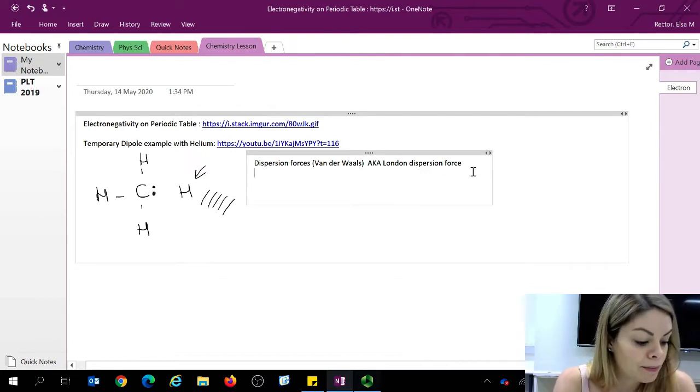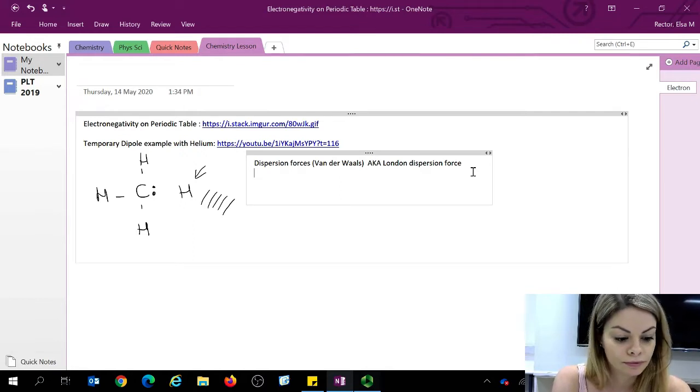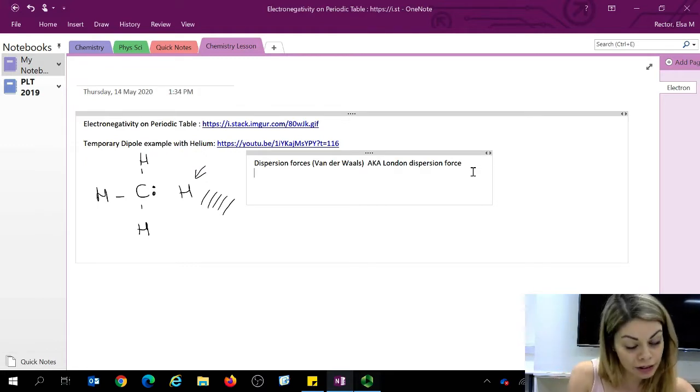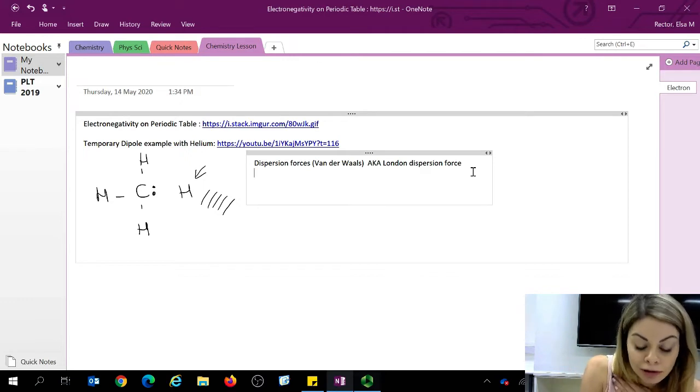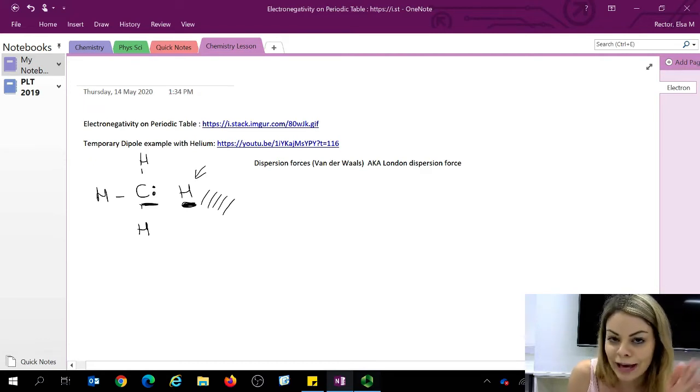And what happens in a dispersion force. Okay, so we get what we call a temporary dipole. So a temporary dipole is what I've illustrated here, where temporarily we've got a relatively positive here and relatively negative here because of where the electrons are sitting at that moment.